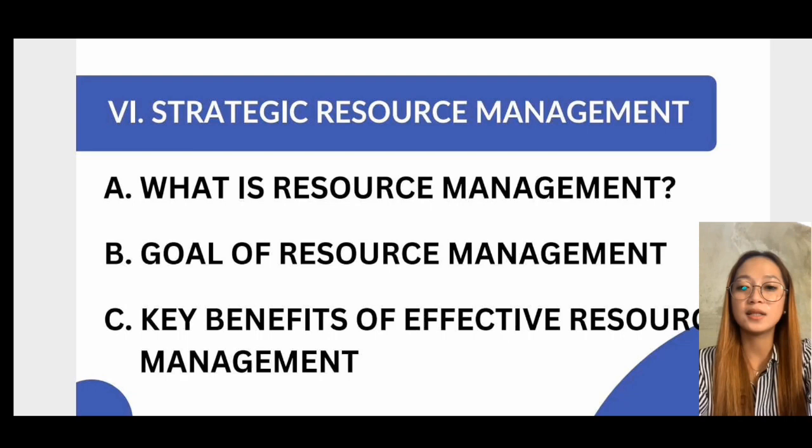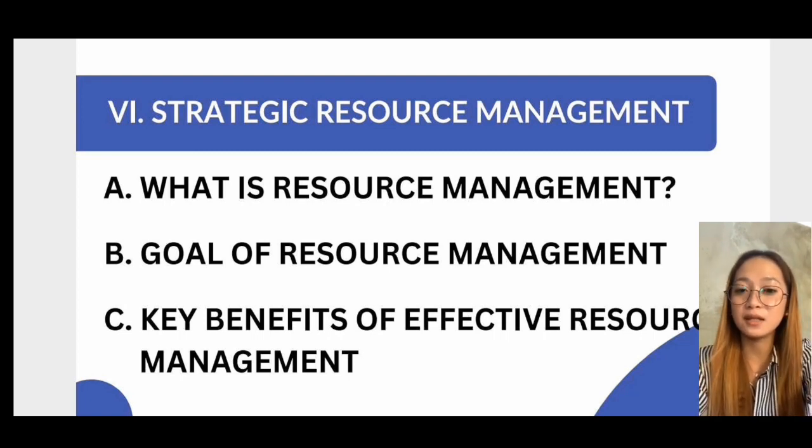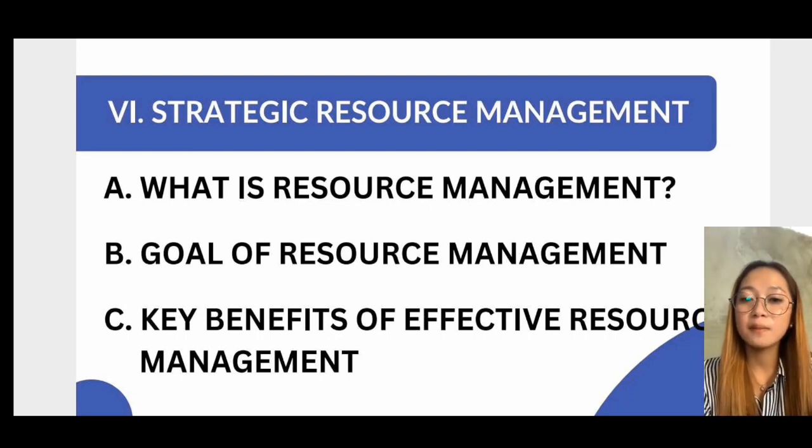Third, it can increase engagement, visibility, and business agility. Effective resource management is essential to maintain visibility of capacity, monitor and adapt to ongoing changes, and identify resourcing risks. So those are the key benefits of effective resource management.